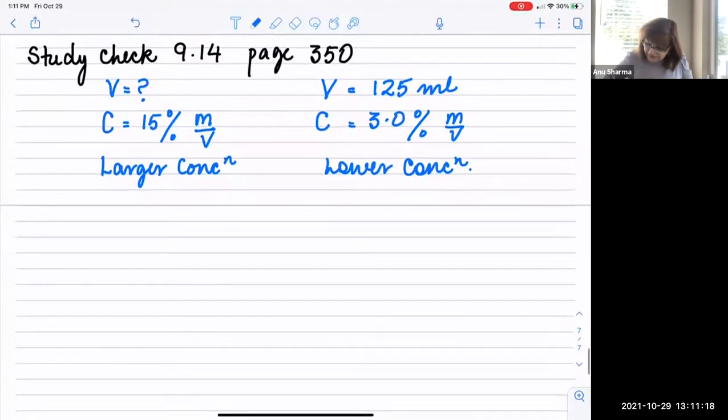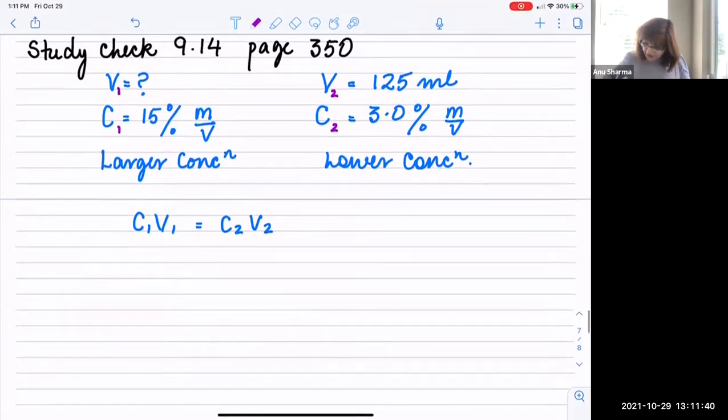In this case, it is okay to leave it in milliliters. We have the formula C1 V1 is equal to C2 V2. Let's call this C1 and V1, and this is C2 and V2. We need to find V1, so V1 is equal to C2 times V2 over C1.